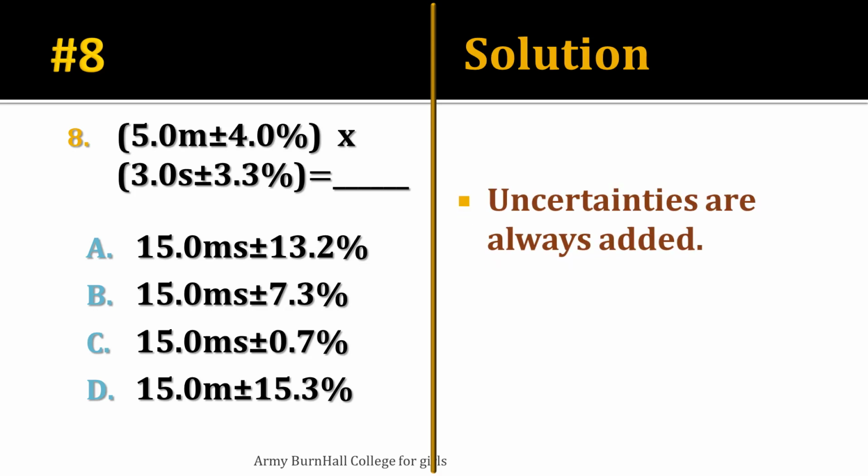For the solution, we will again apply the same rule that uncertainties are always added. So there is no need to calculate all these things. This uncertainty is 4%, this uncertainty is 3.3%, and when we add these two, we get 7.3%. So the correct option is option B, 15 meter per second plus minus 7.3%.